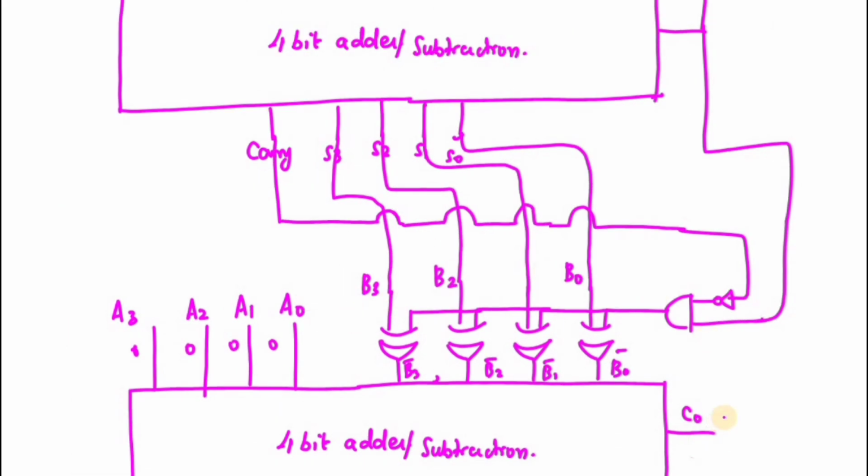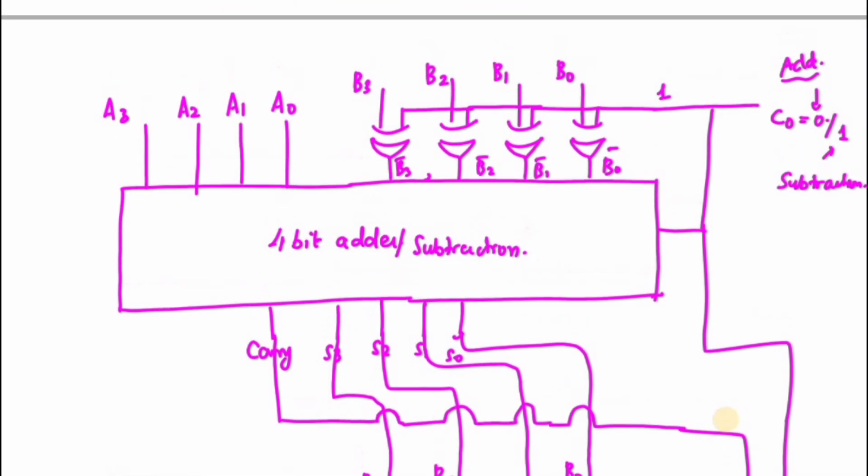So I have to make A3, A2, A1, and A0, and the C0 is always equal to 0. So this is a structure of a 4-bit adder, not subtractor.